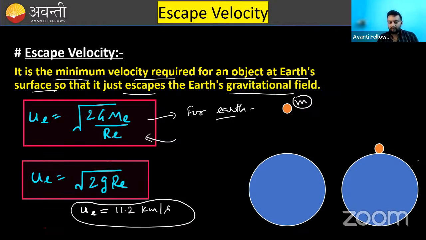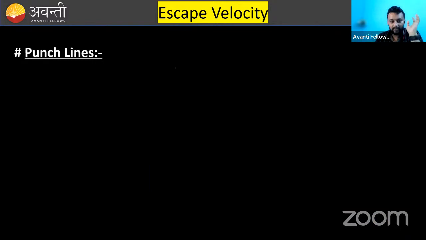The escape velocity is, let's suppose, 11.2 kilometer per second. What if someone says I am throwing a ball of 2 kilogram mass? Then should I throw it quicker to escape the Earth? You will say no. It is independent of the mass of the body which is to be thrown. Clear? Moving further. There are a few punchlines.